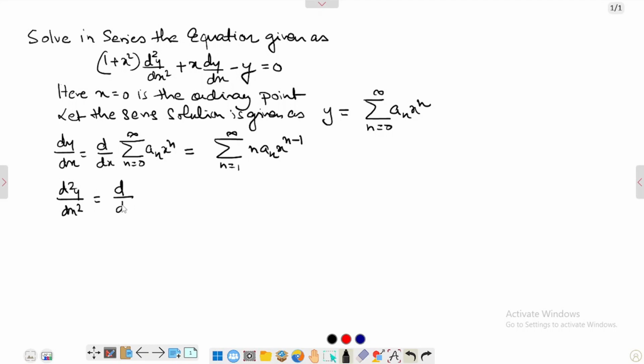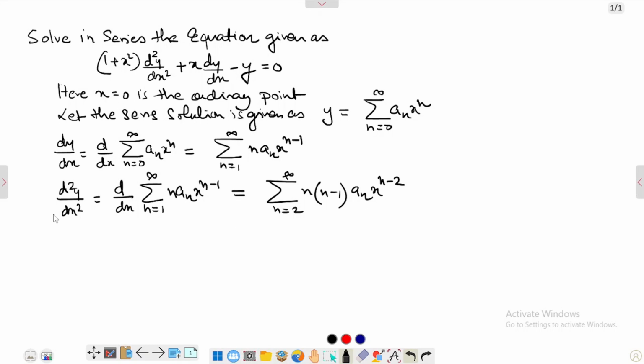Similarly, I will find the double derivative: d/dx of sum n equal to 1 till infinity n a_n x to the power n minus 1 gives sum n equal to 2 till infinity n(n minus 1) a_n x to the power n minus 2. Now my next step is to plug these values into the differential equation.